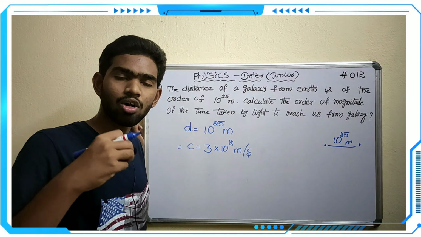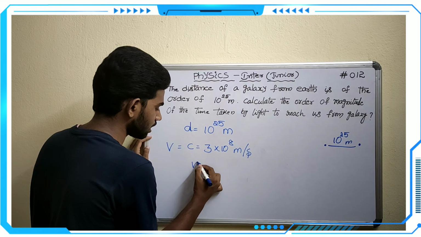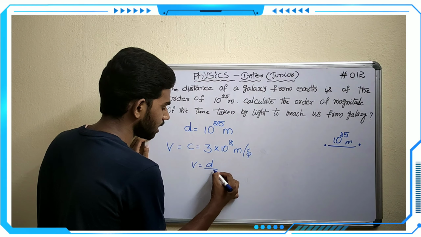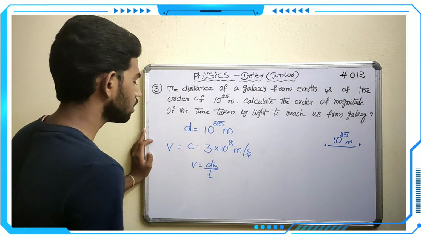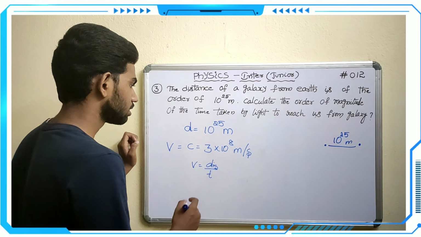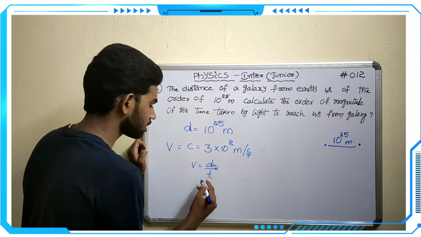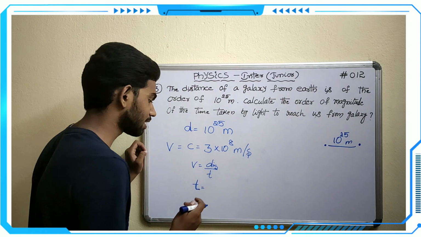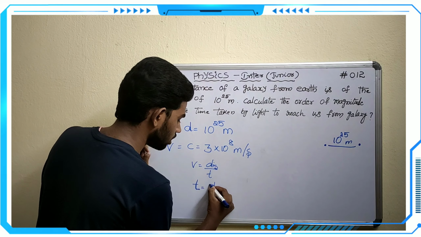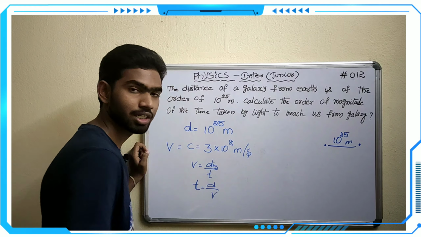And we can write the formula for velocity, that is displacement by time. When we make time the subject, time is equal to displacement by velocity.